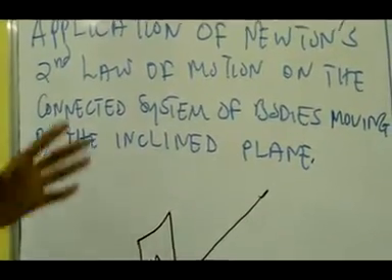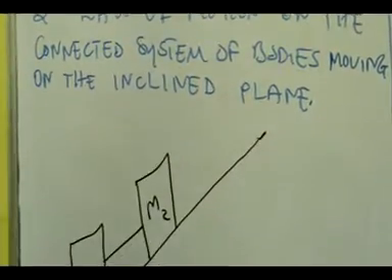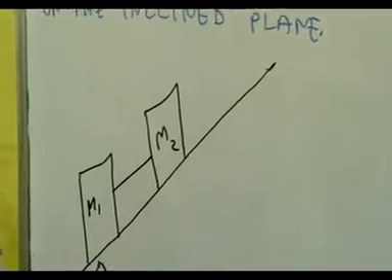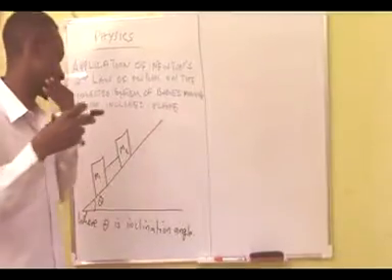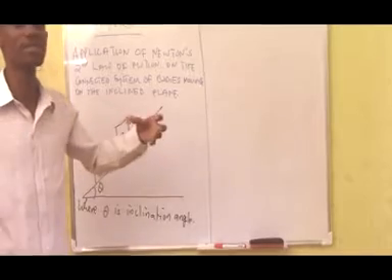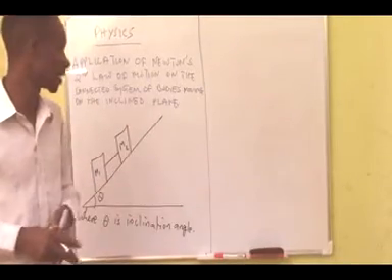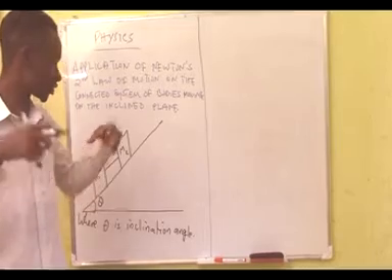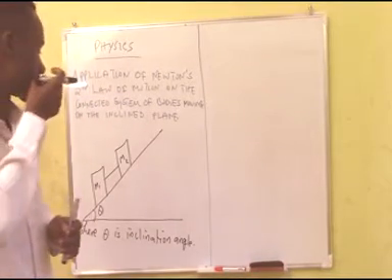It is application of Newton's second law of motion on the connected system of bodies moving on the inclined plane. We have learned about the motion of connected bodies on a flat surface while moving horizontally, and motion of connected bodies on the pulley system.